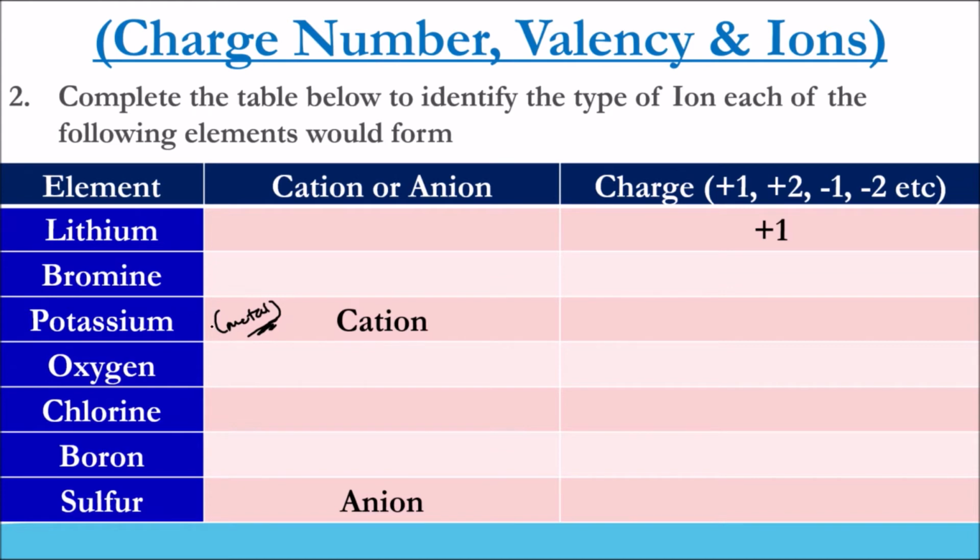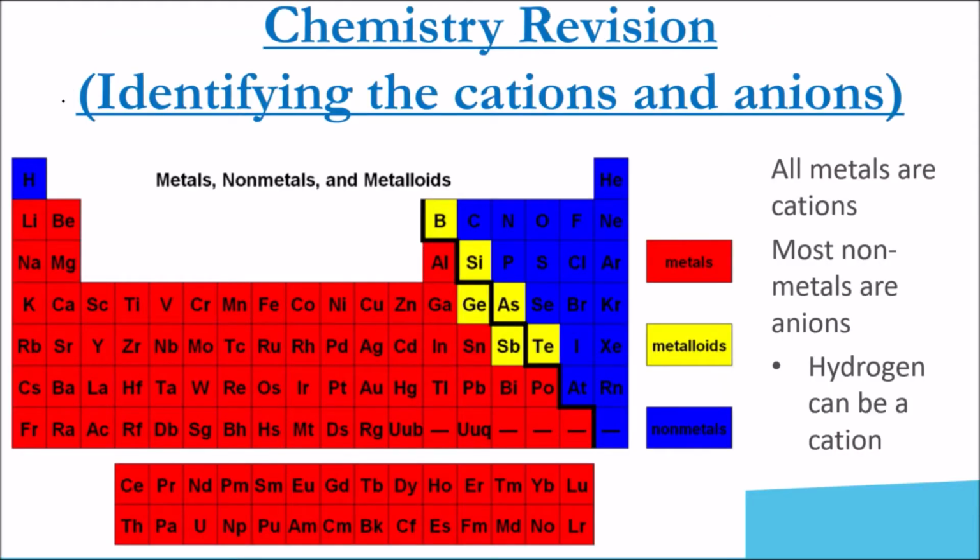In this case potassium, if it's going to give away electrons, it's going to be a cation. The next question is to work out how many electrons it will lose. Well, if we go back to this table here, sodium, or potassium, sorry, is in group 1. We already stated that in group 1, everything is plus 1.